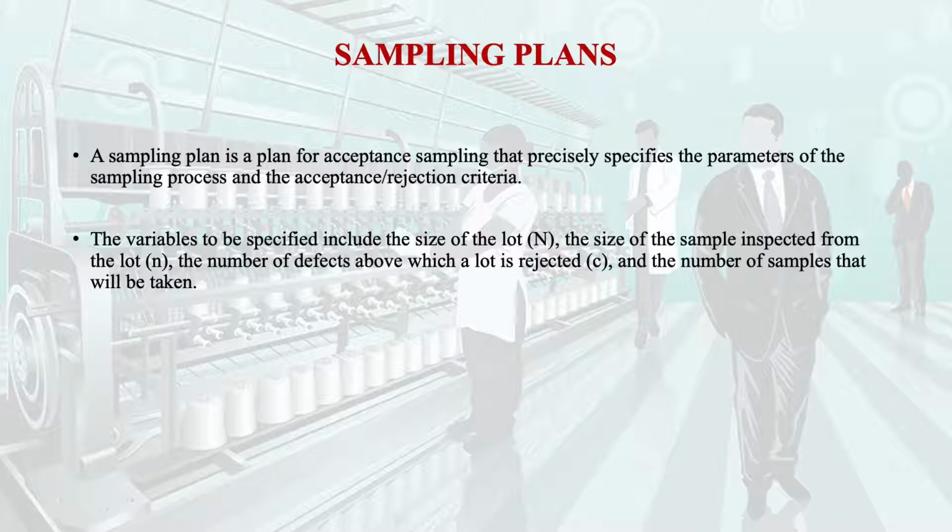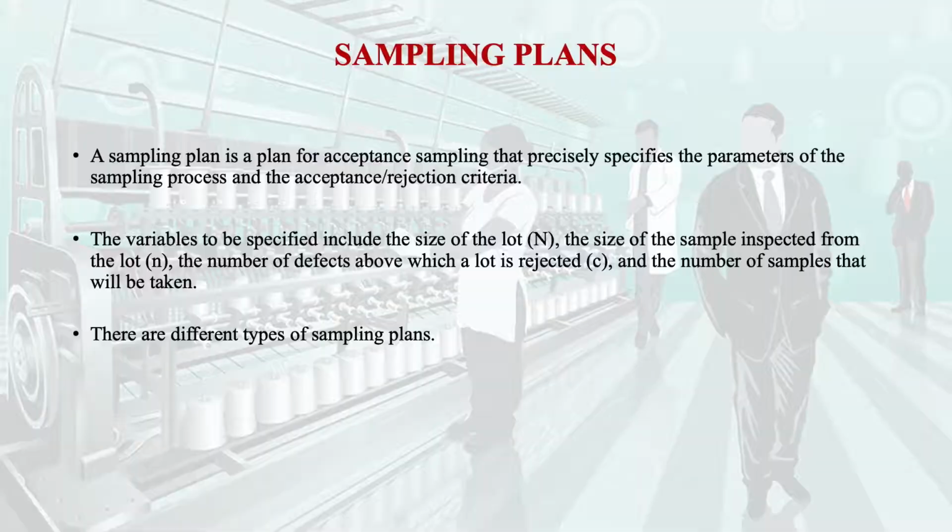The variables to be specified include the size of the lot, the size of the sample inspected from the lot, the number of defects above which a lot is rejected, that is small c, and the number of samples to be taken. Because if the quantity of product is 10,000, we cannot make a decision by taking only one sample. We have to go for multiple samples. That is called the sampling plan.